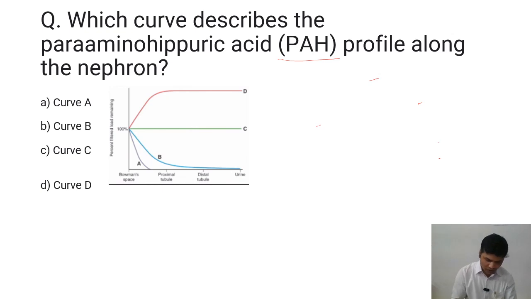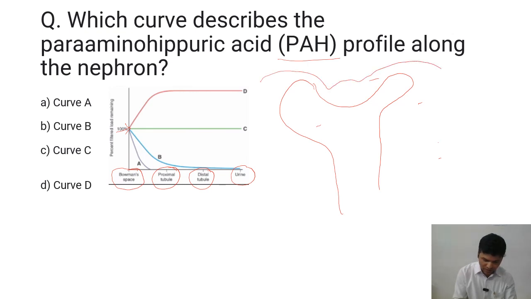Here we should understand one thing. What is the curve? This is the Bowman's space, this is the proximal tubule, this is the distal tubule, and this is urine, and something is filtered here in Bowman's space. For that we can draw a diagram like this to understand it. Suppose this is the afferent artery and this is the efferent. Blood is coming from here.